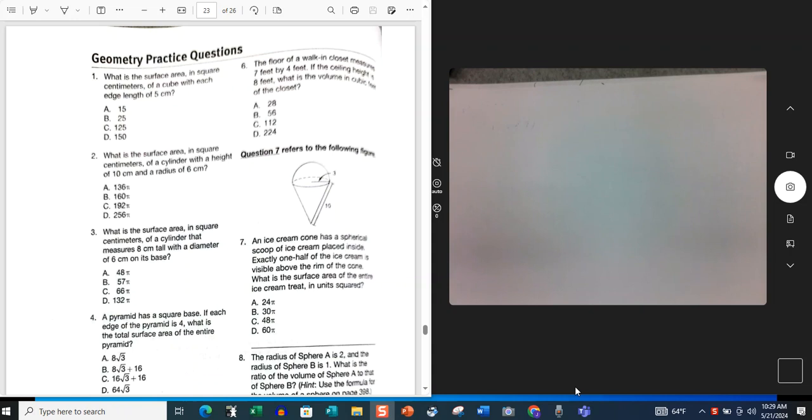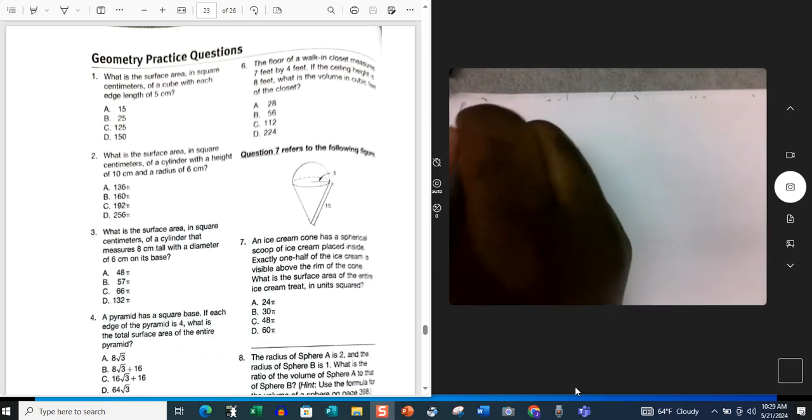It says, what is the surface area in square centimeters of a cube with each edge of 5 centimeters? Now, what we have to do is go back to get the formulas for surface area. The formula for surface area is actually on page 402 and 404. So on 402, we have the surface area formula for a cube, or as we call it, a square prism.